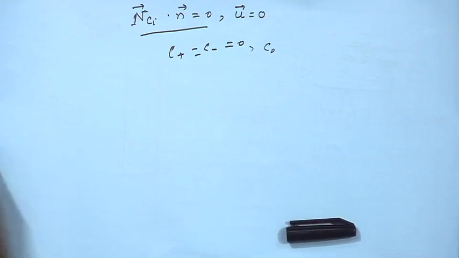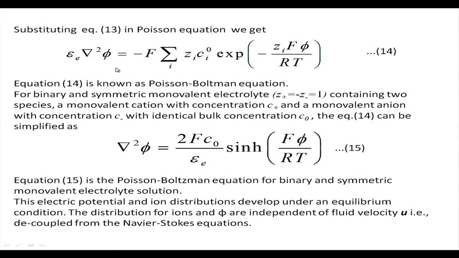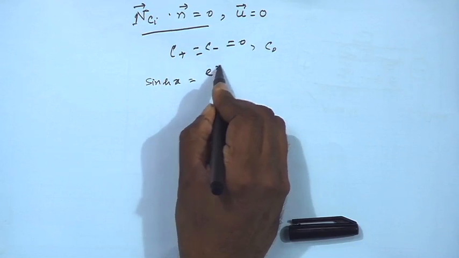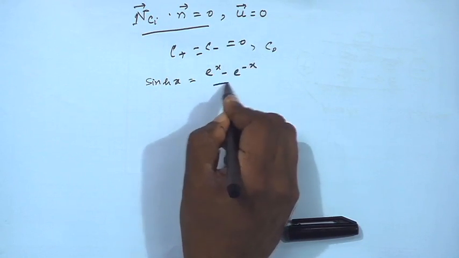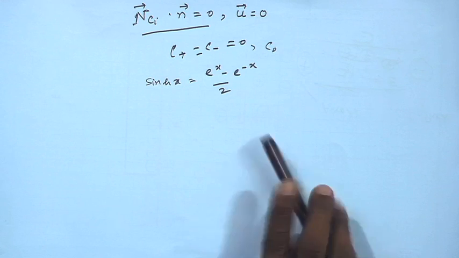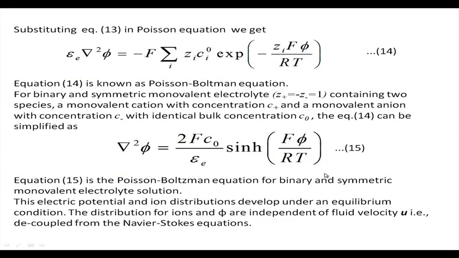So, we can write this equation in this form, and so this sine hyperbolic, as you know, sinh x equals e to the power x minus e to the power minus x by 2. So, if we apply this technique, this equation 14 can be reduced to an equation like 15.